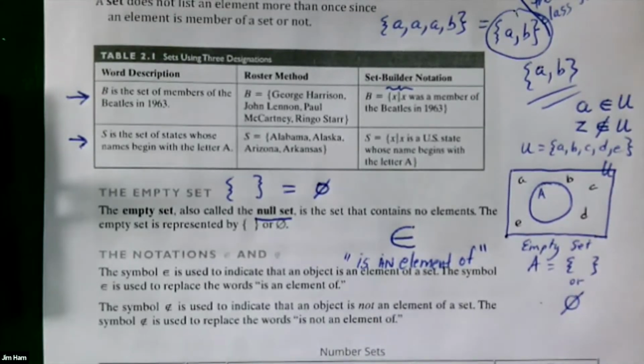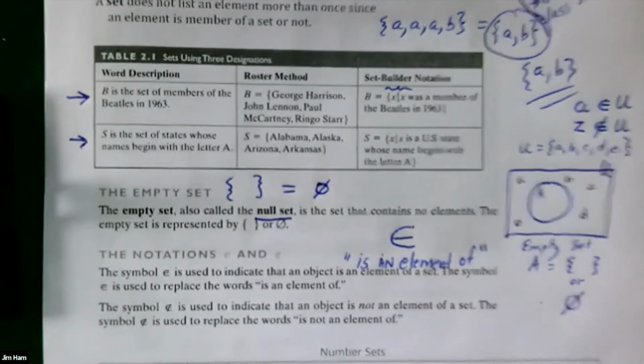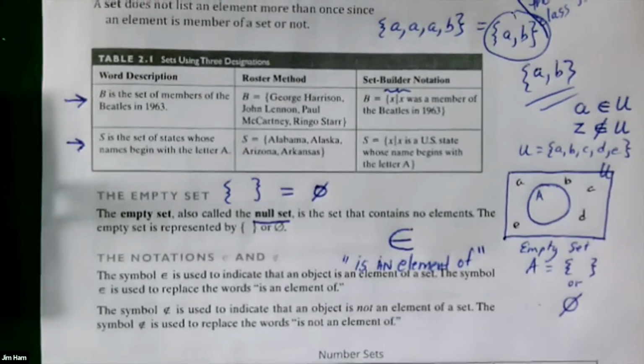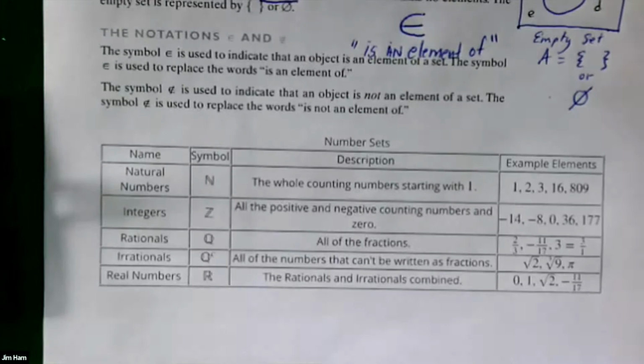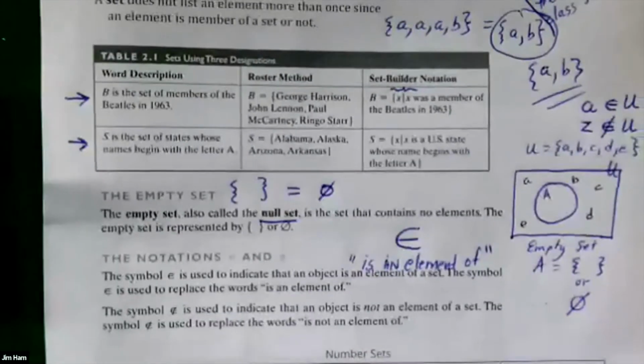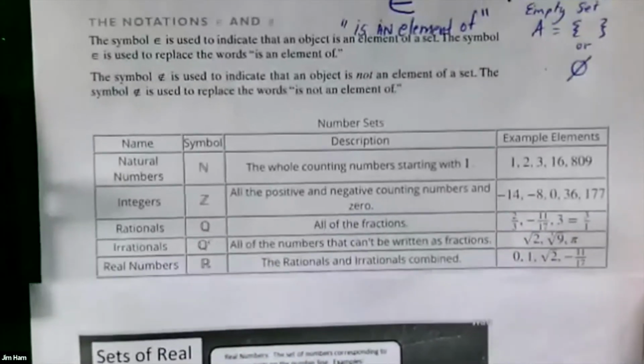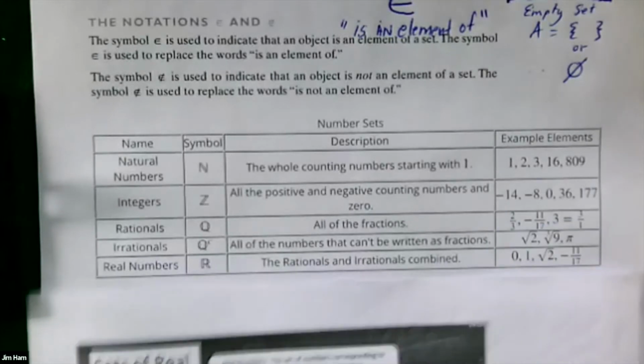Many of the problems that they ask you to do in this section, they'll assume that you know about our number systems. And at some point in your math education, you probably heard about these number sets. And so I included them down here. You're not going to be able to see both of these, so I guess I'll just show them one at a time.